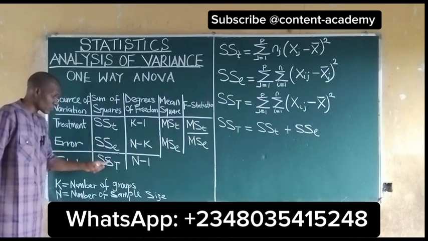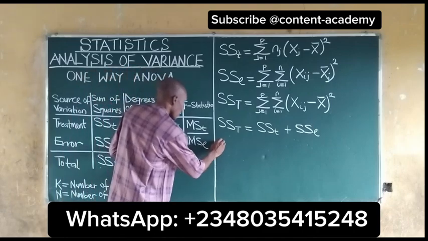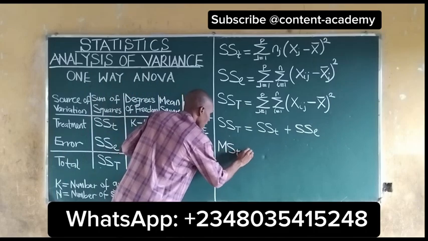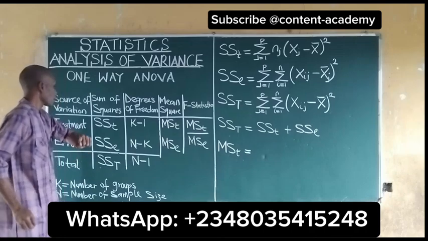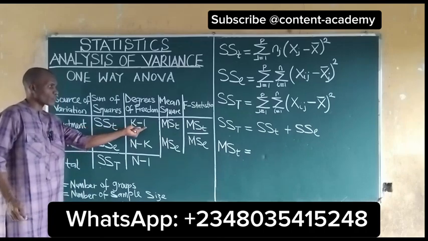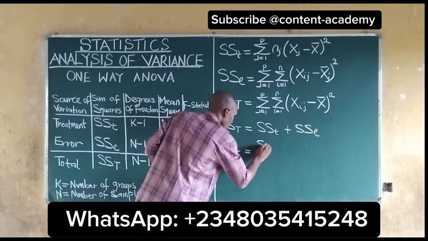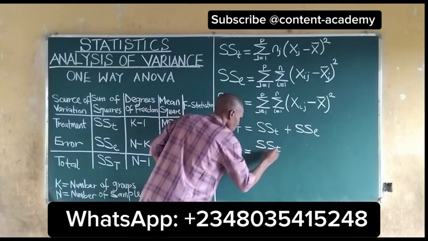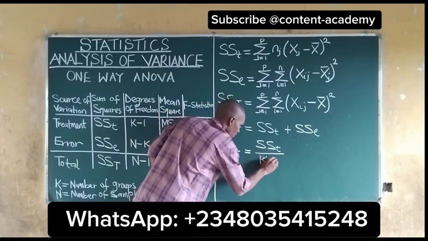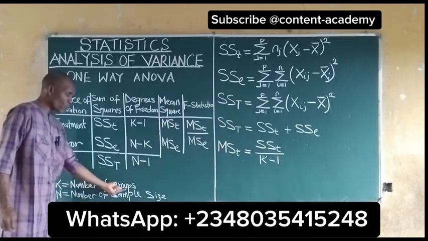Now, the mean square treatment can be gotten as the sum of square treatment all over k minus 1, which is the degrees of freedom. We have defined k: k is the number of groups.